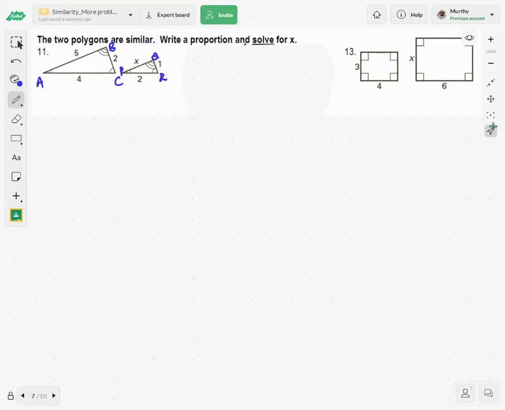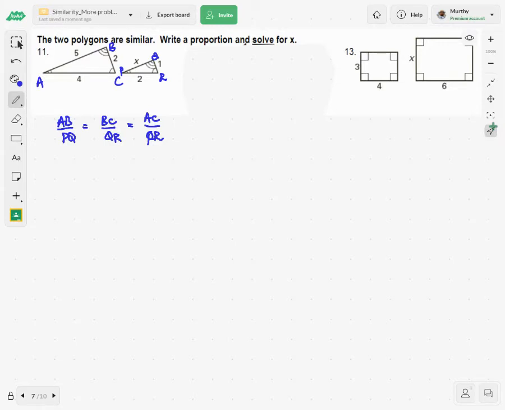Well, I know that these two triangles are similar. Therefore, AB corresponding side is PQ and BC corresponding side is QR and AC corresponding side is PR. Now, what is the value of AB?